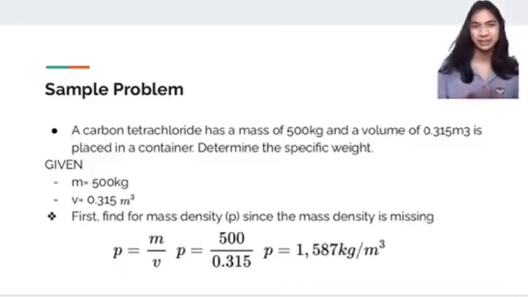Since the density is missing, find the density first. And the formula for density is rho equals M over V or mass over volume. Now substitute M to 500 and V to 0.315 and we get 1,587 kilograms per cubic meter.